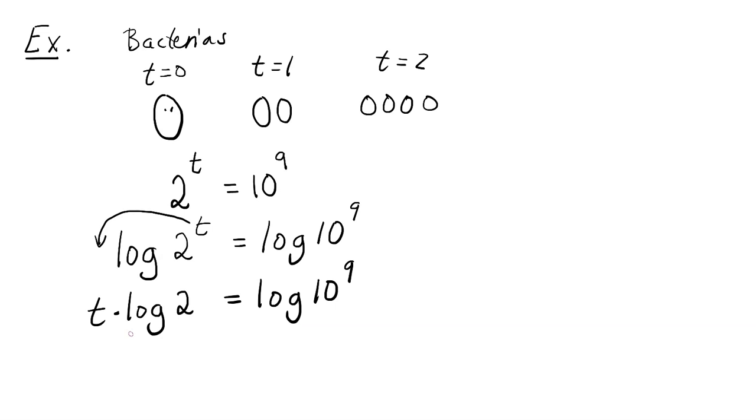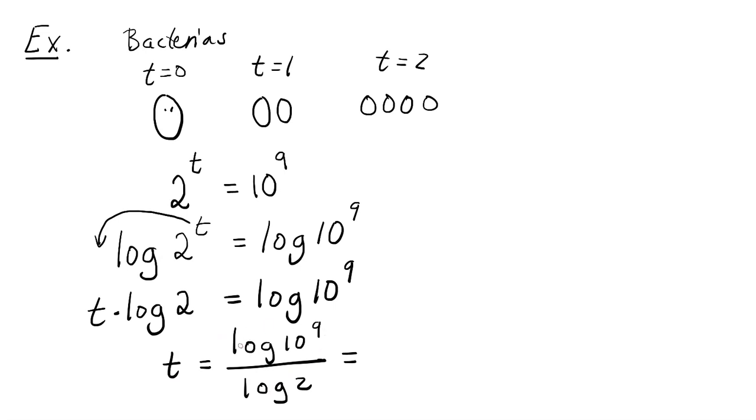Okay, so this is the first step we can do. Now we want to find out what t is. So you just have to divide both sides by log 2. Then you can calculate this and we know how long it will take.